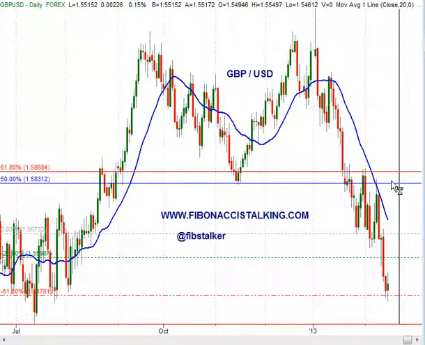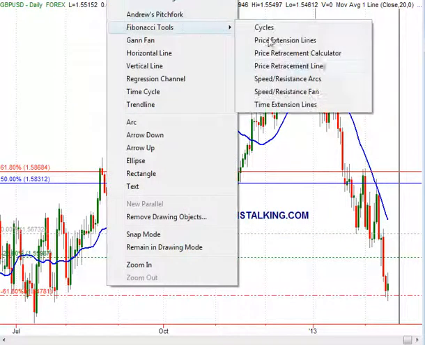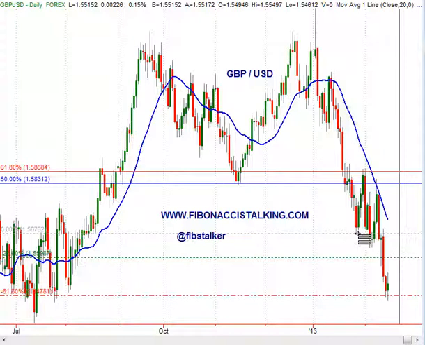Now there are two possibilities as we have strength in the dollar.